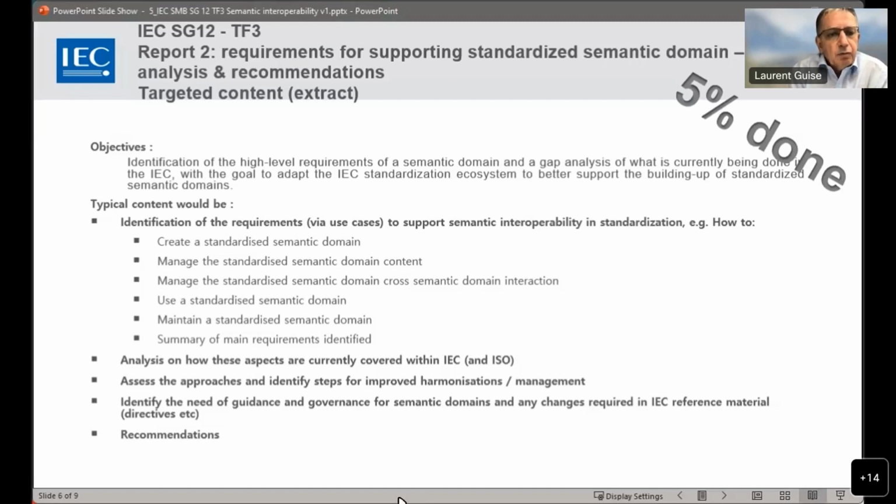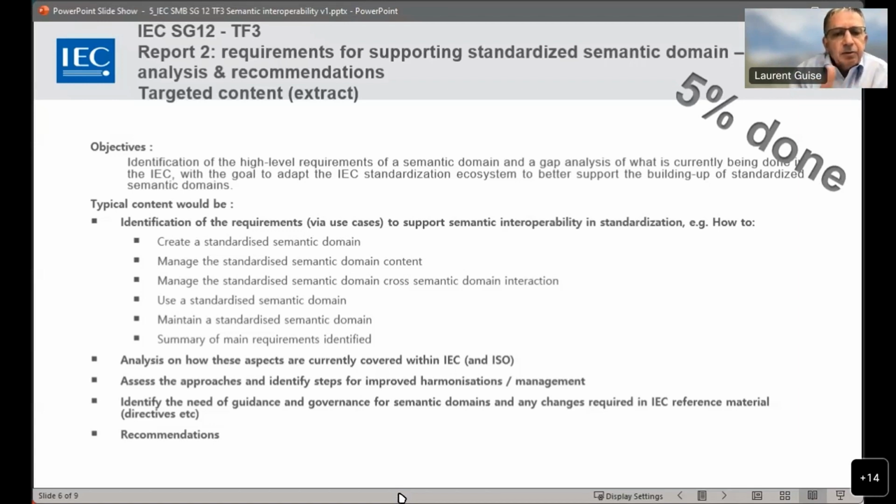So what we would like through this second report is really to get through the whole, I would say, life cycle of a standardized semantic domain: how to create, how to manage the content or the relationship between semantic domains, how to use it, how to maintain it, and so on.